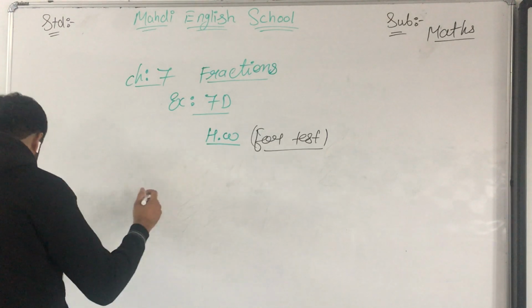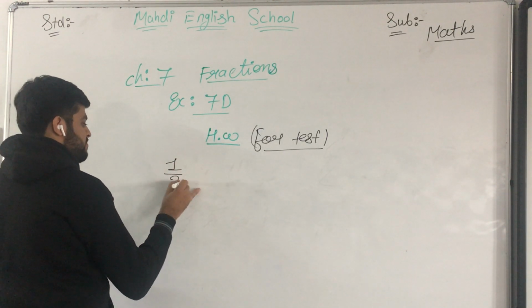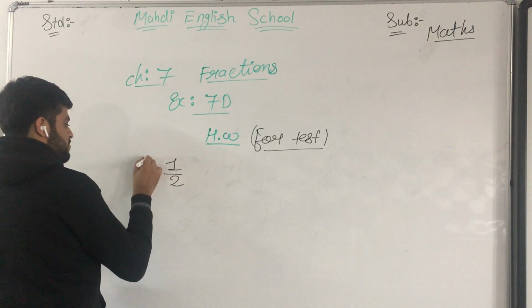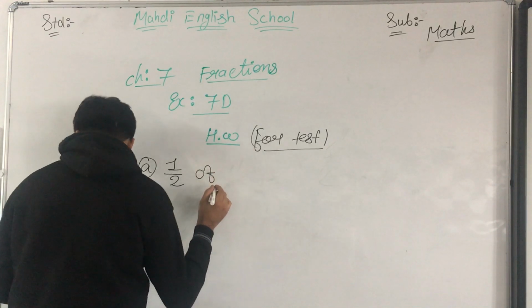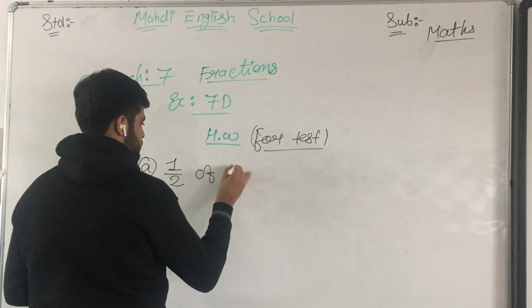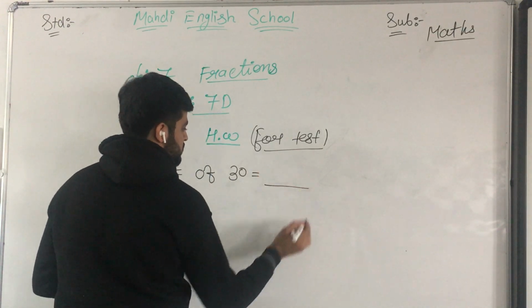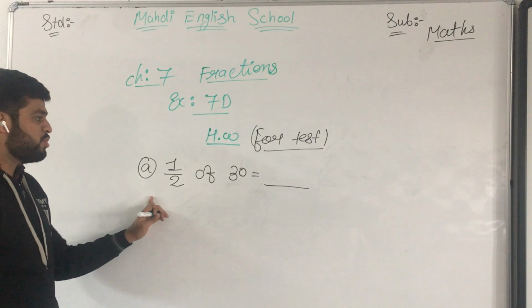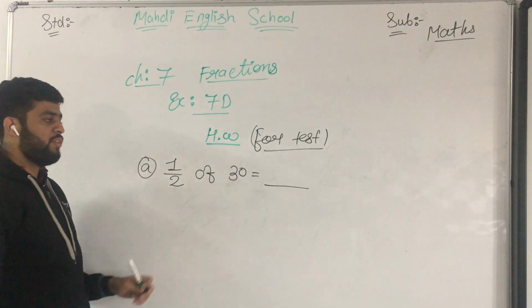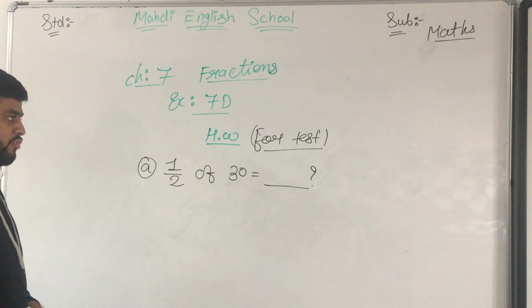Okay, now I will be giving one. Question number A is what? 1 upon 2 of 30. You have to find the answer here, in homework for the test.